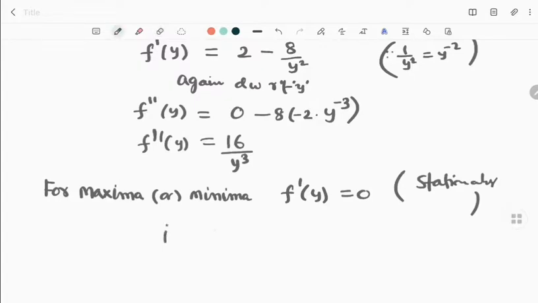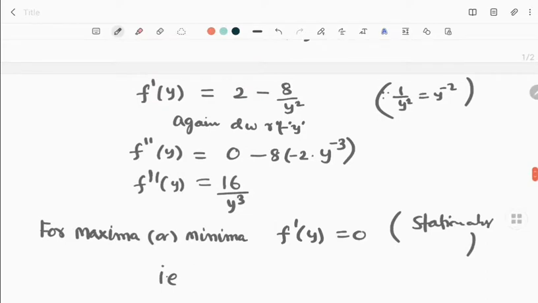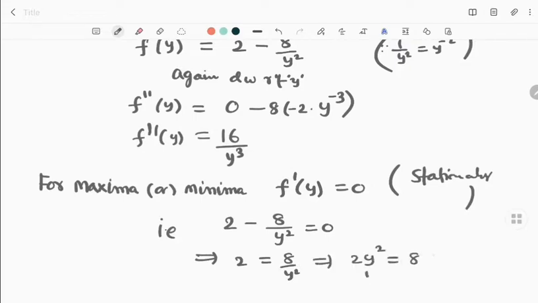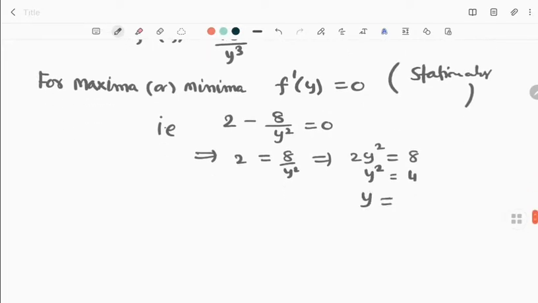So f dash of y equal to 0 means 2 minus 8 by y square equal to 0. So 2 is equal to 8 by y square, cross multiplication, 2y square equal to 8. So y square is equal to 4, y is equal to plus or minus 2.